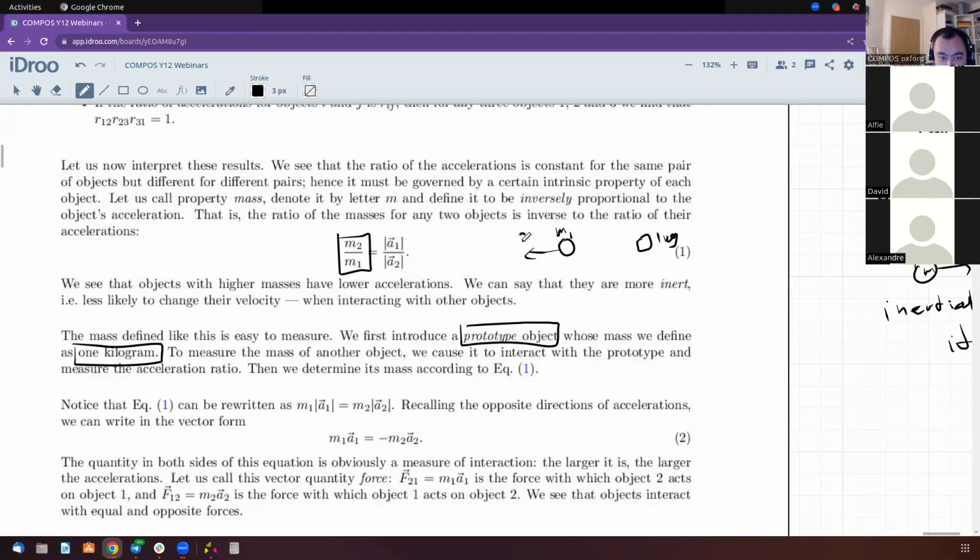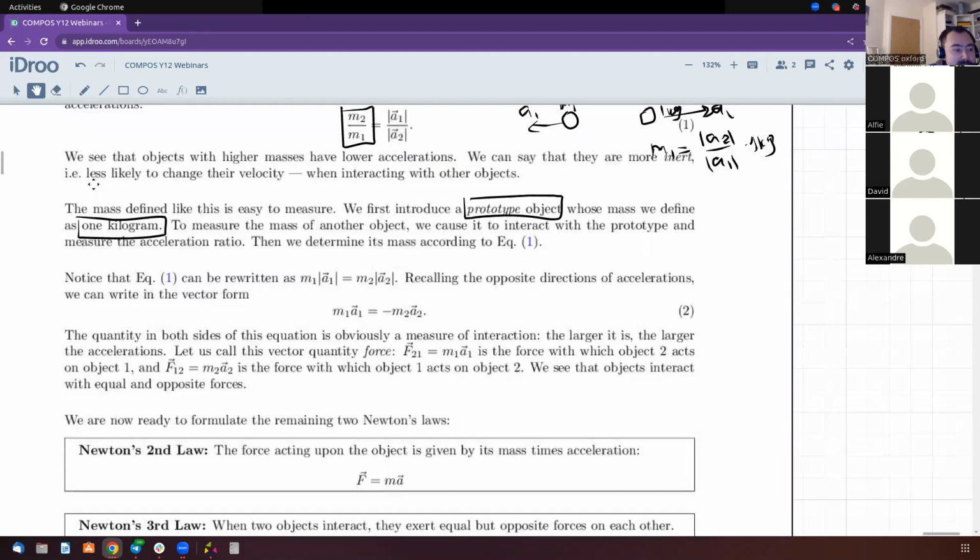One accelerates one way, one accelerates the other way. So the mass is defined as the ratio of accelerations, A1, multiplied by 1 kilogram.